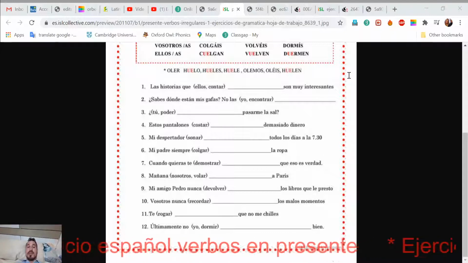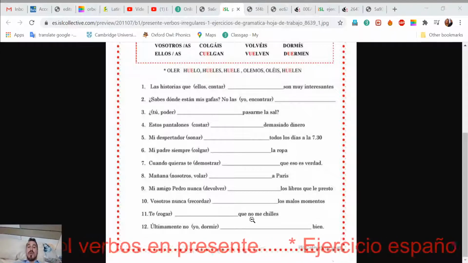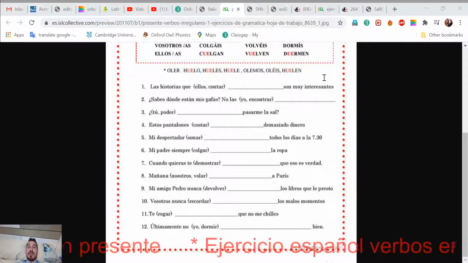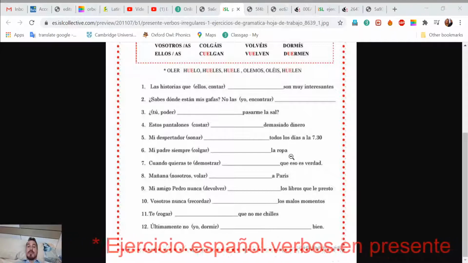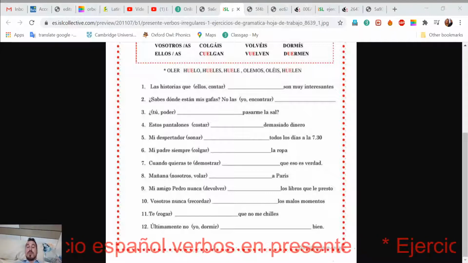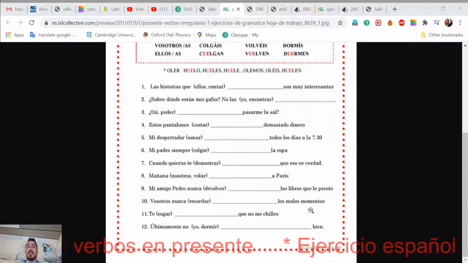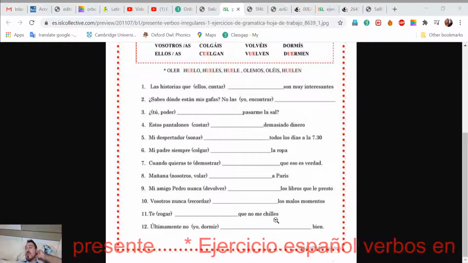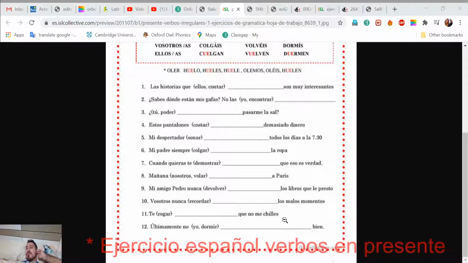11. Te ruego que no me chilles. So I beg you not to shout at me. So this is again subjunctive. How do I know? Because this is an AR verb, so in the normal one I say chillo, chillas. In subjunctive you always change the last vowel, as if it were another group.